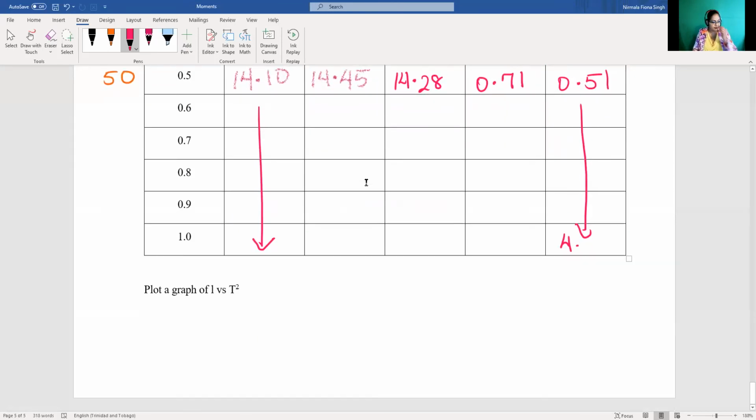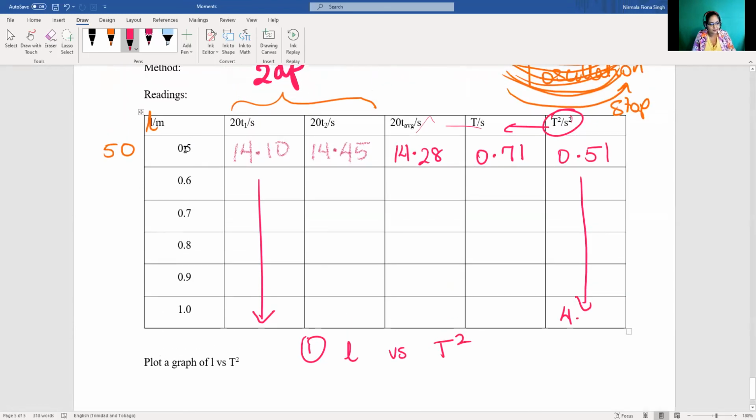Nearly finished, so you are going to plot a graph of L versus T squared. What is going to be on the X and what is going to be on the Y? L is Y, T squared is X. Now you all notice that we started from 0.5.